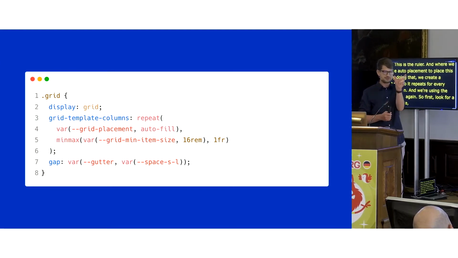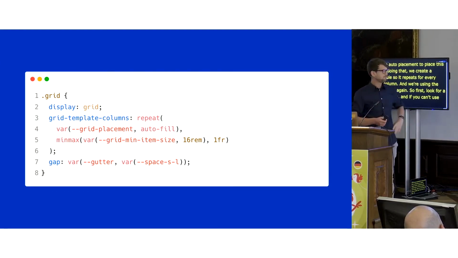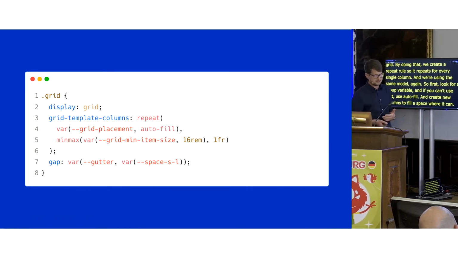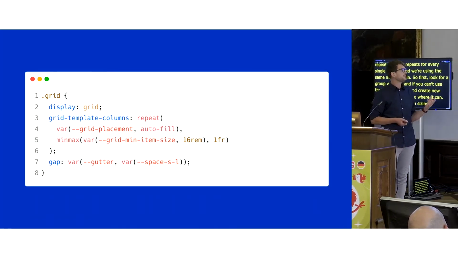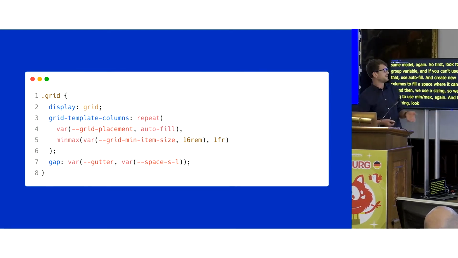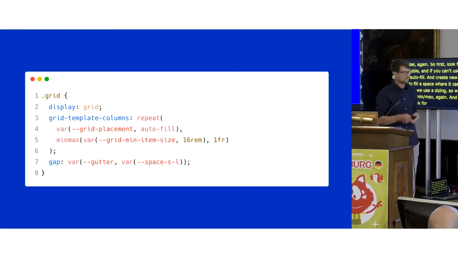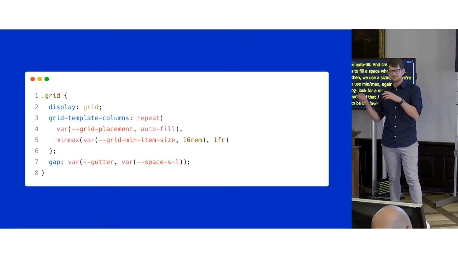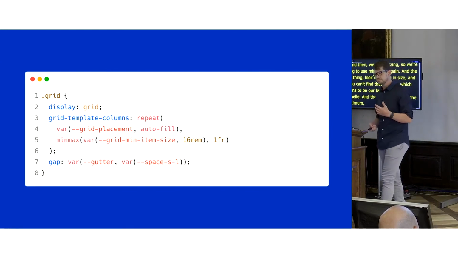And what that does is it'll create new columns to fill the space where it can. And then we use a sizing. So we're going to use minmax again. So the first thing we're going to do in minmax is we're going to say, look for a min item size. And if you can't find that, 16 rem, which seems to be our favorite base, Michelle. And then otherwise, for the maximum, take a portion of space, so one fractional unit, one fr.